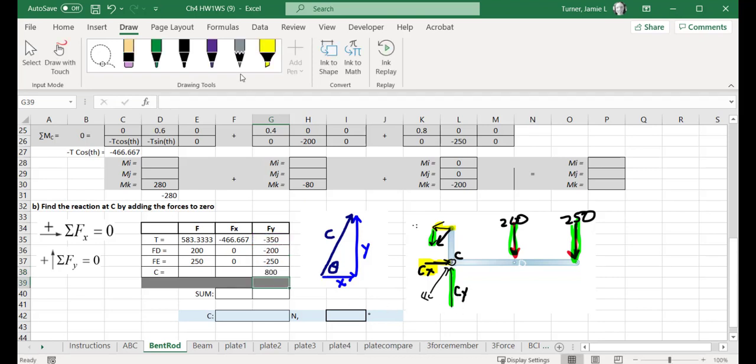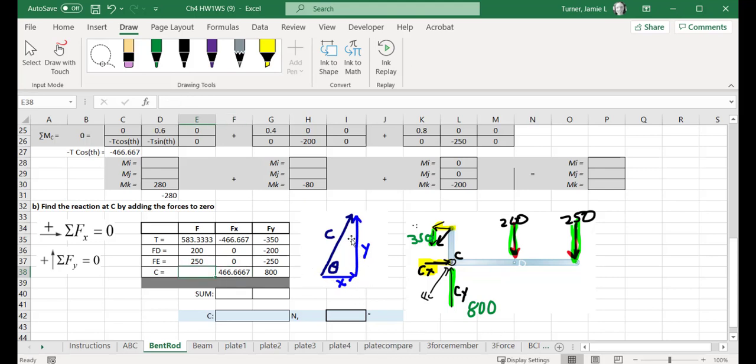So that's what our CY is. Our CY is going to be this 800 to carry all of these guys. It looks like this little one is 350 coming down. Okay, and then in the X direction, it's going to be fighting against the X piece of that tension.